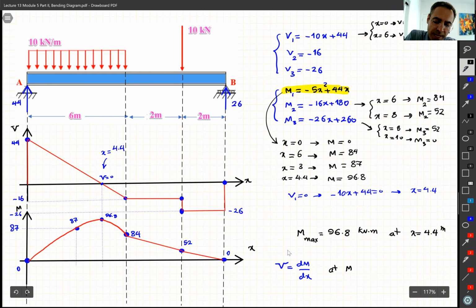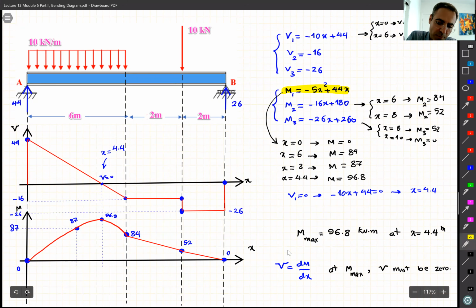So at M max, V must be 0. Which it is, right? Because this is how we actually found this 96.8. And we see at this point V is 0. So everything is matched, the math is correct, the graphs are correct, and so on.